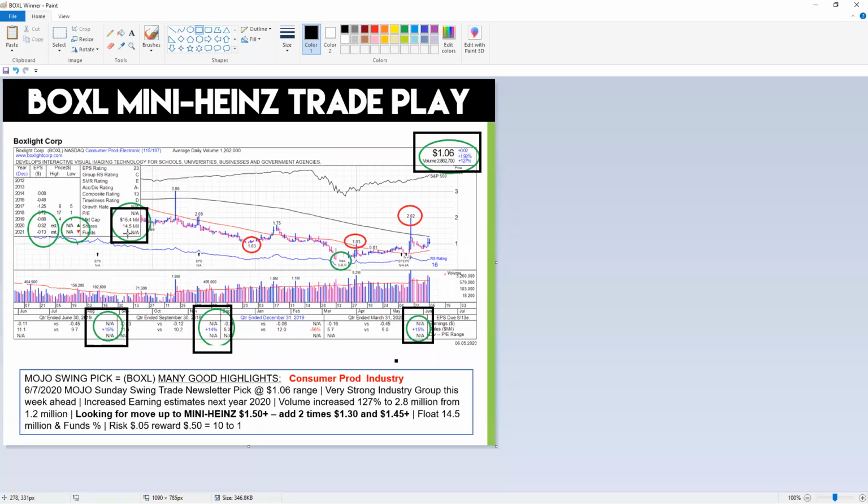Float 14.5, small, and I like it. Increased estimates this year. They're already telling me it's going to be great. They have a new CEO right there. And it already went to go test 202. Boxel, Boxel's big.